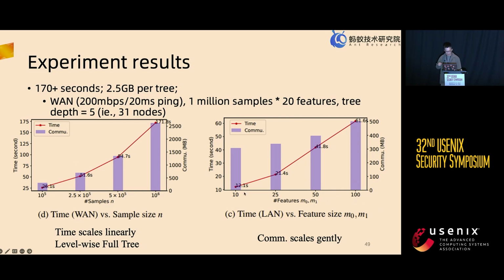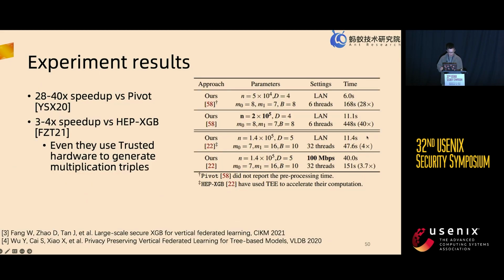When we scale the features from 10 to 100, the total communication just maybe doubles. And we show pretty good improvement over the existing methods, even under their sweet spot settings. The first one needs a very fast bandwidth, and the second one uses trusted hardware to generate the multiplication triples. Even so, our method can improve on them.